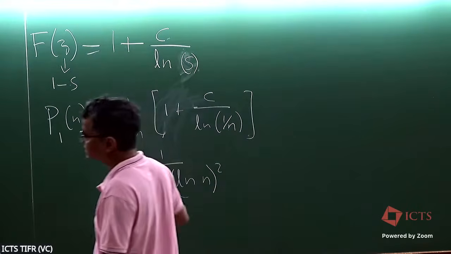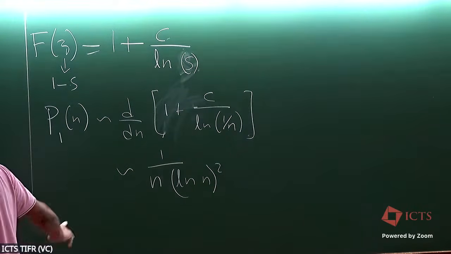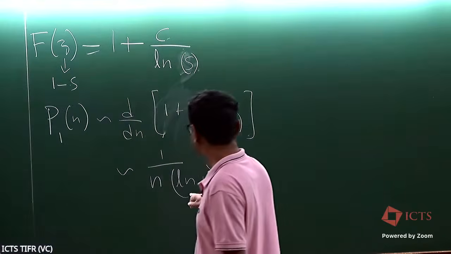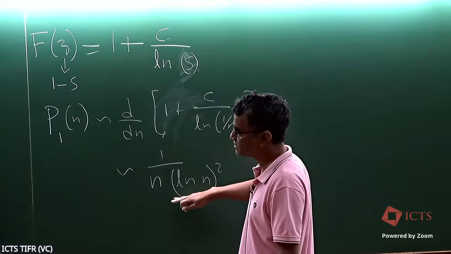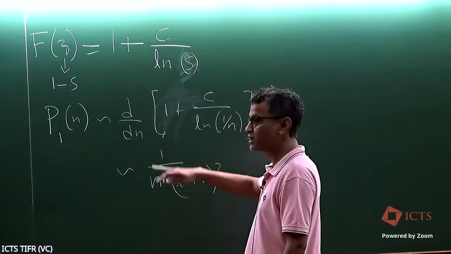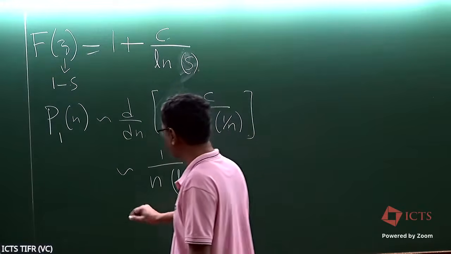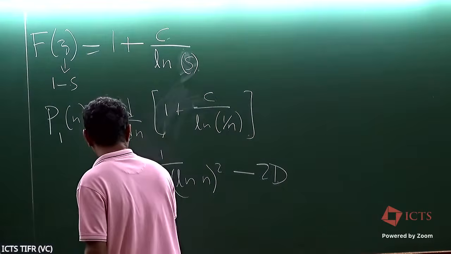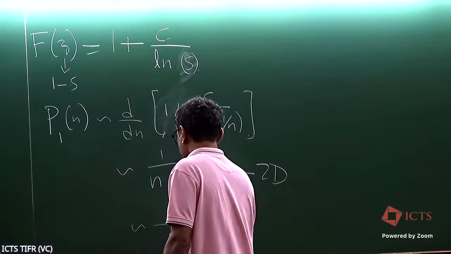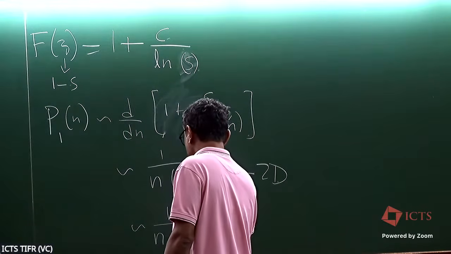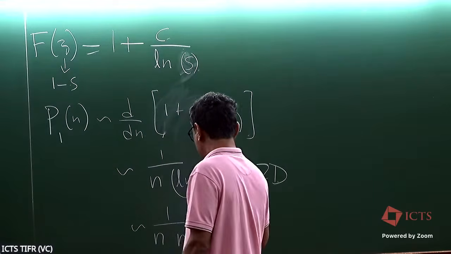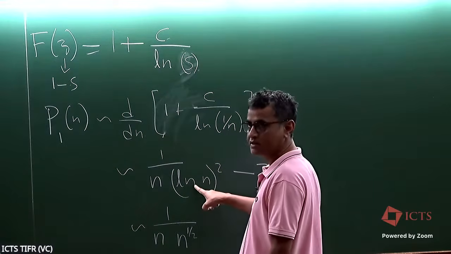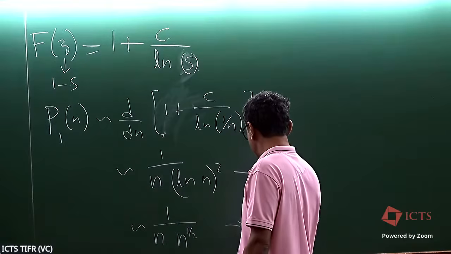I think someone pointed out yesterday that, interestingly, this is a bit larger than the 1D formula. So this is 2D, and in 1D we had 1 by n into n to the power half, so this is larger than that.